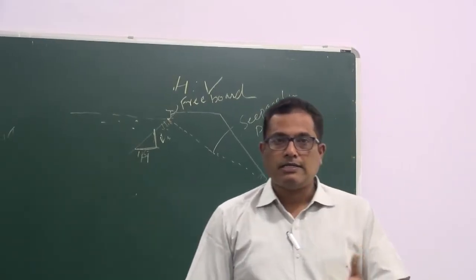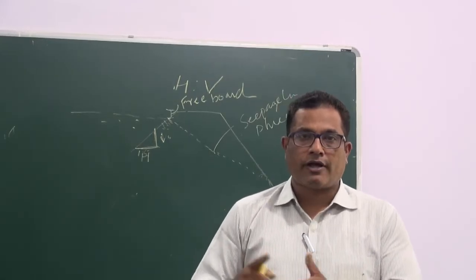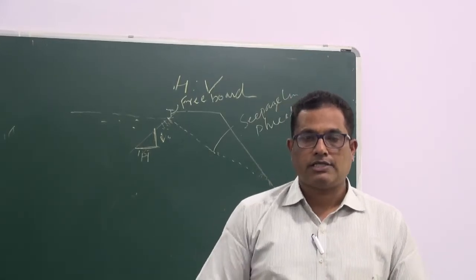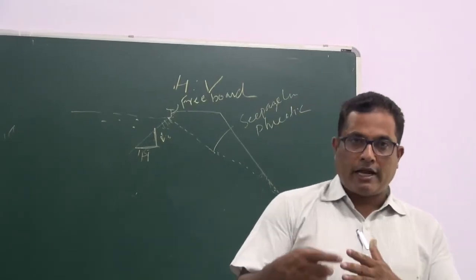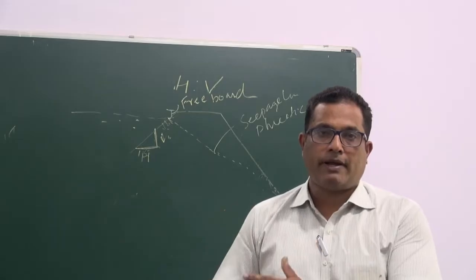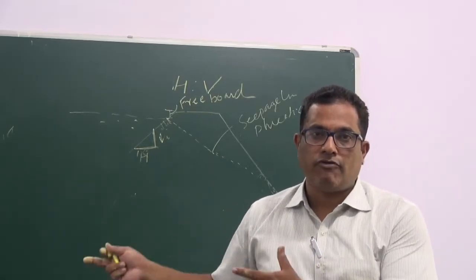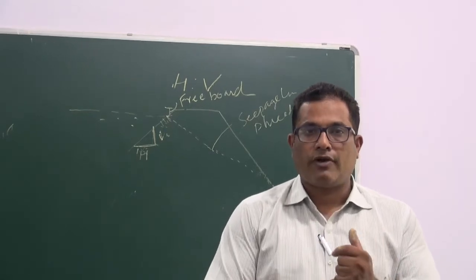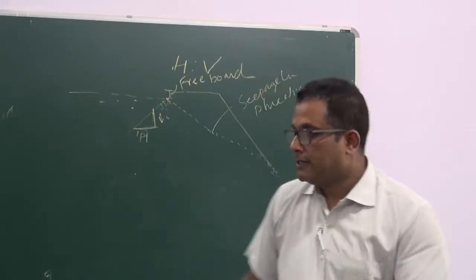Generally, bunds are designed for a rainfall or runoff recurrence interval of 5 years. Recurrence interval is the probability of a rainfall or rainfall excess to happen once in its time period. Here it is 5 years, a certain amount of rainfall which is expected to happen once in 5 years.